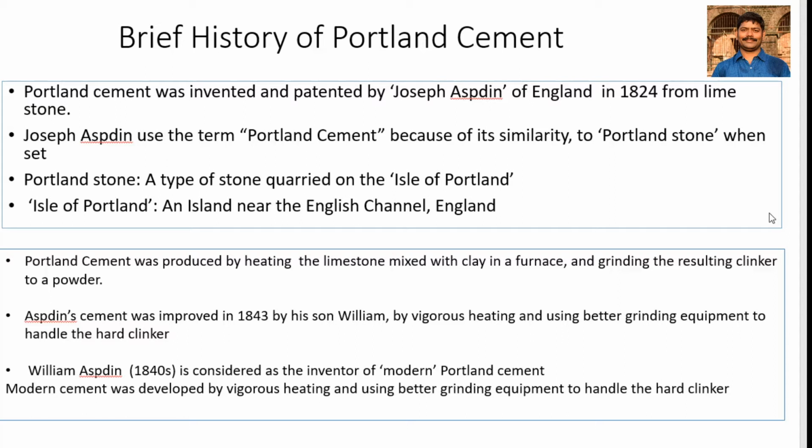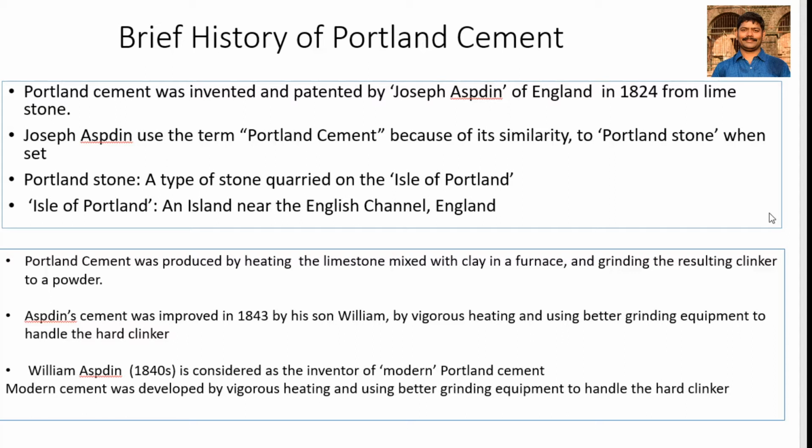He used various heating and crushing or grinding techniques. He developed various equipment to get better quality cement. For the same reason, William Aspdin is considered to be the inventor of modern Portland cement. So this is a brief history of Portland cement.